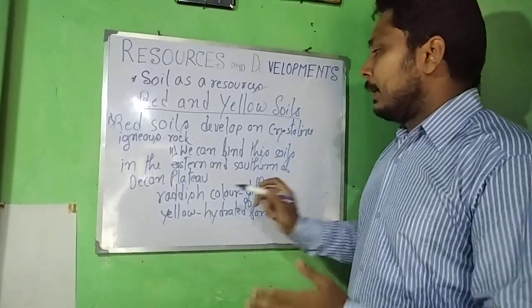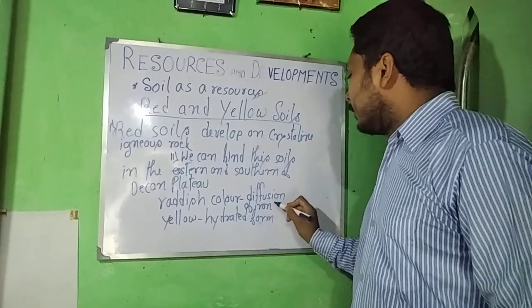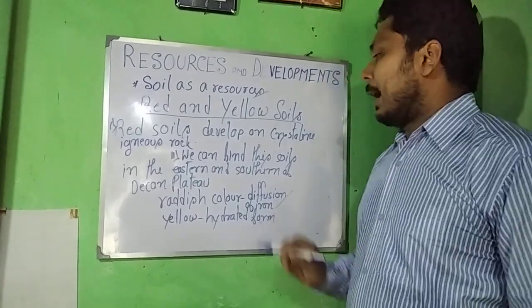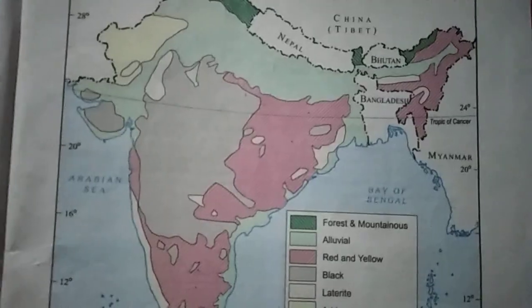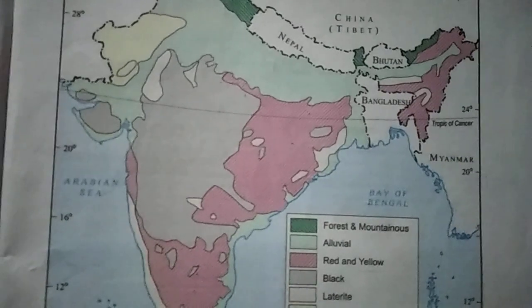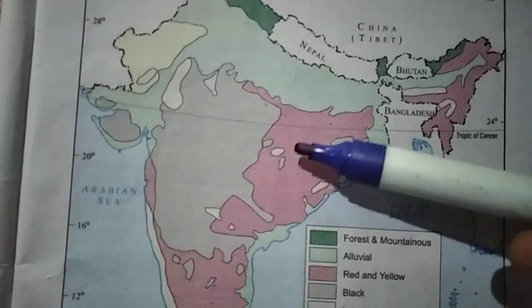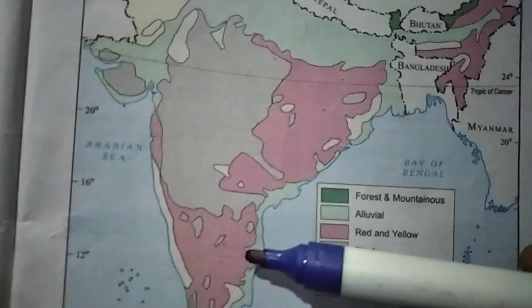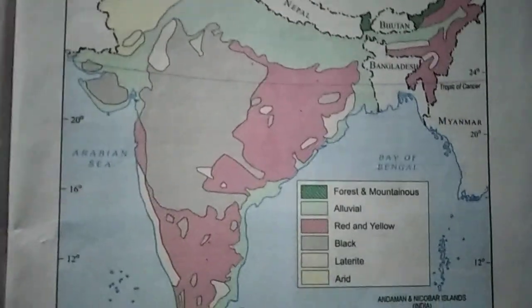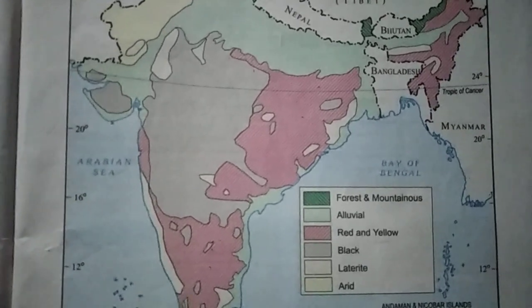This soil is reddish because of the diffusion of iron, and it is yellow because of its hydrated form. Look at this Indian map: this area is the eastern side of the Deccan Trap, and this is the southern part of the Deccan Trap, and here we can find this type of red and yellow soil.